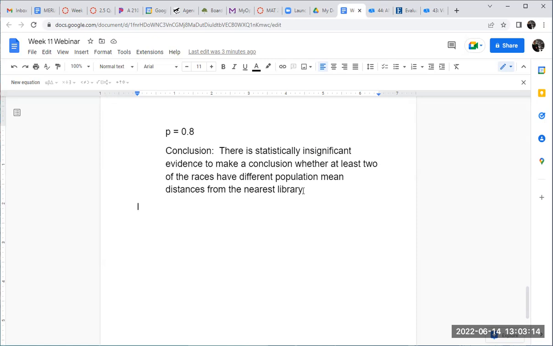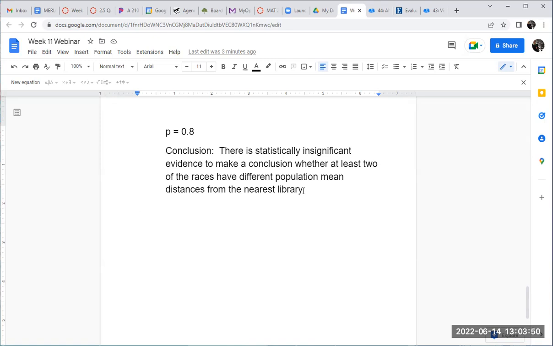I want to let you know something, and this was true with chi-squared also: if there is statistically significant evidence that at least two are different, does this ANOVA test tell us which two? No. Could that be found? Yes, probably, but not with the ANOVA test, and you need to take upper division statistics, which is kind of what today is all about, saying there's more statistics you could do.